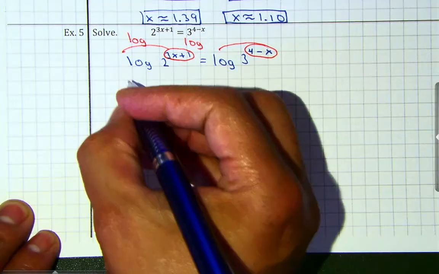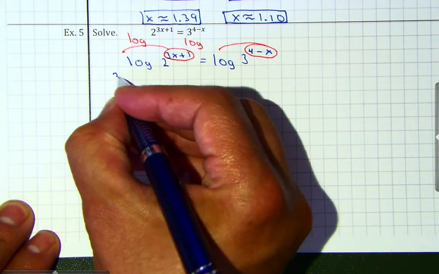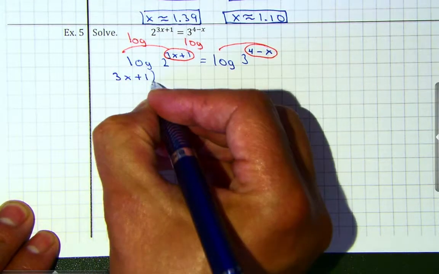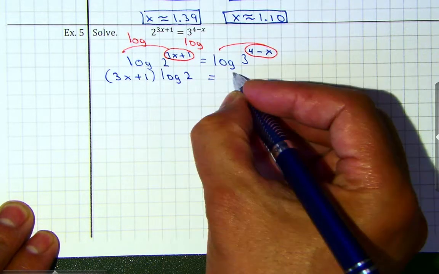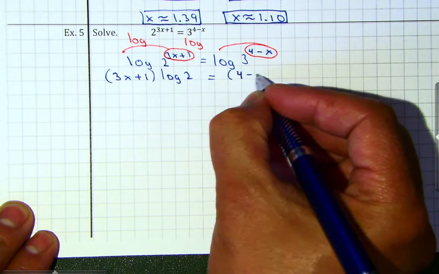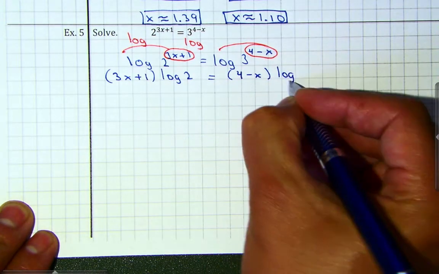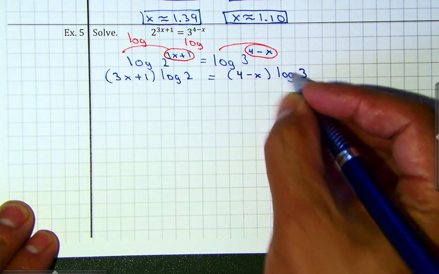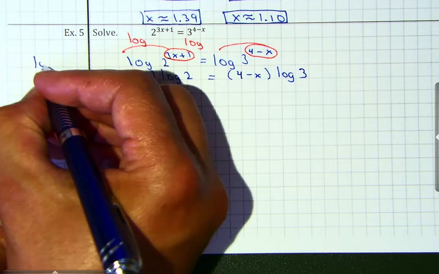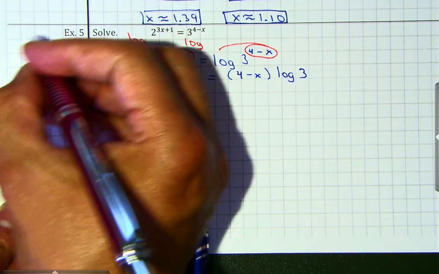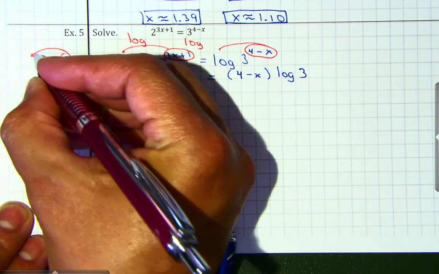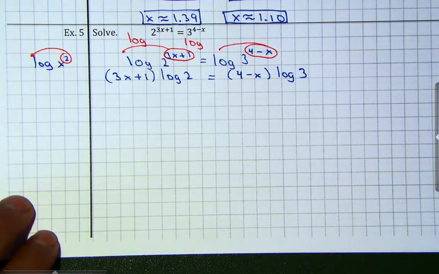So therefore, I'm going to end up with 3x plus 1 as a coefficient for the log of 2. And same thing here, 4 minus x times the log of 3. The same way that whenever we had the log of x squared, we were able to move the exponent as a coefficient. So we're doing the same thing.